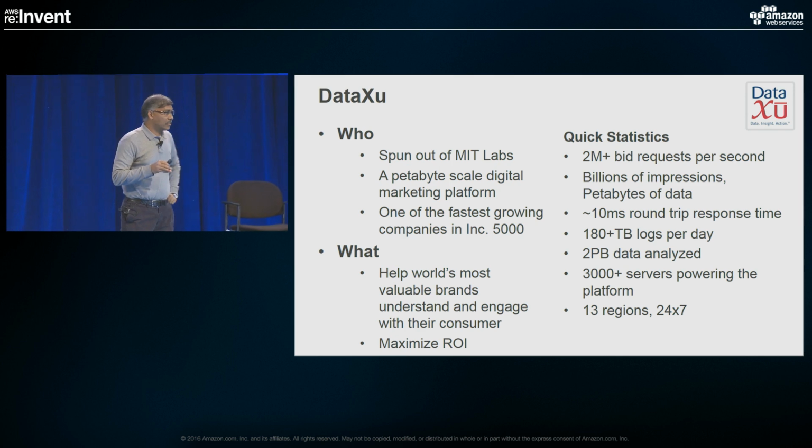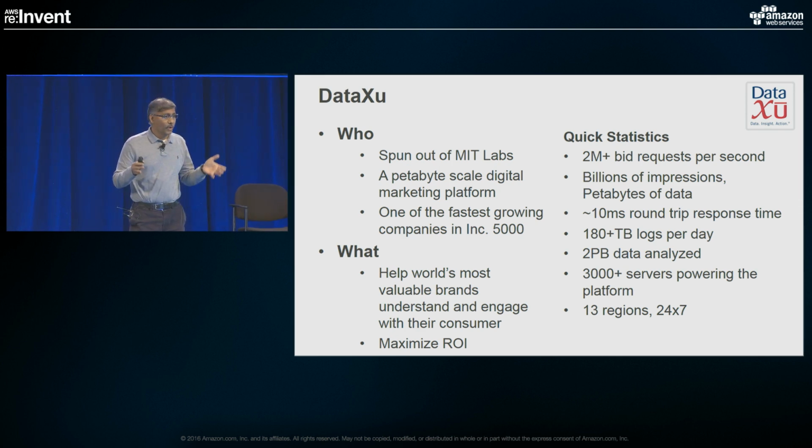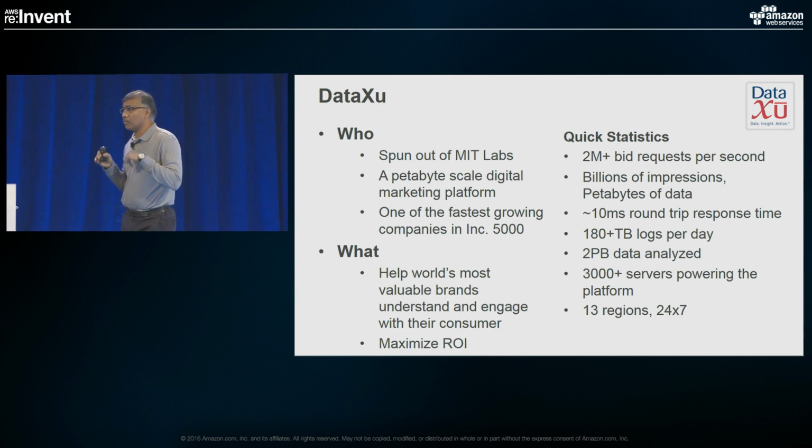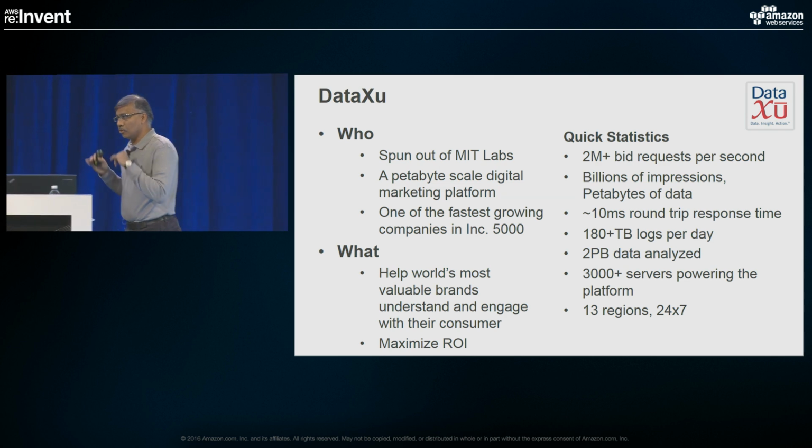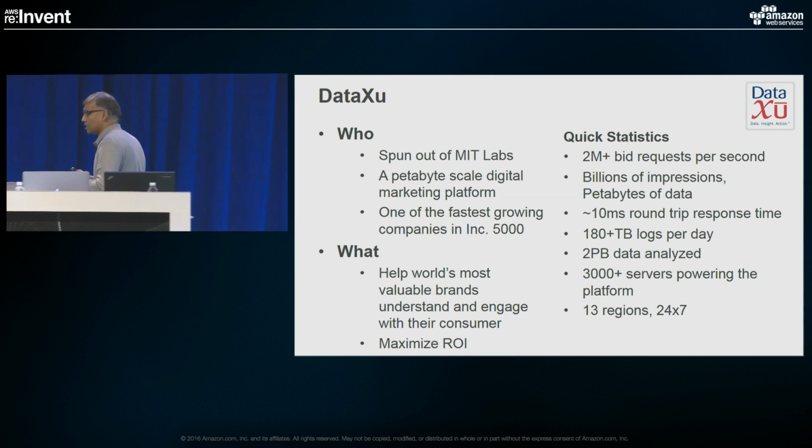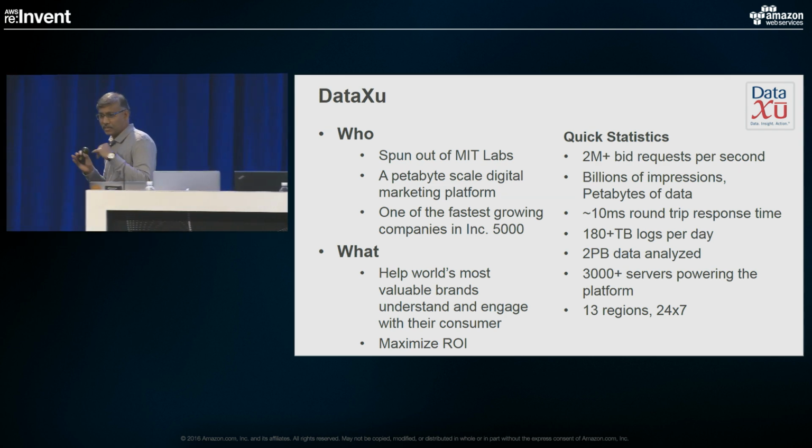Quick run through the numbers. We have a real-time engine capability, which processes about 2 million transactions a second. This talk is about an hour long, so during this talk, our system would process about 7.2 billion transactions as I'm standing here.